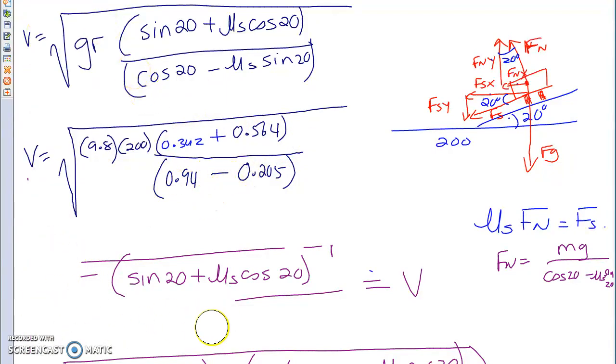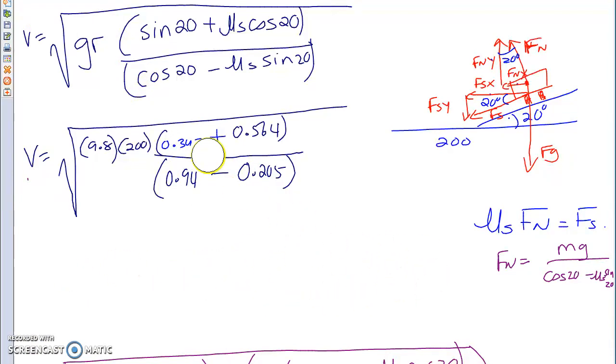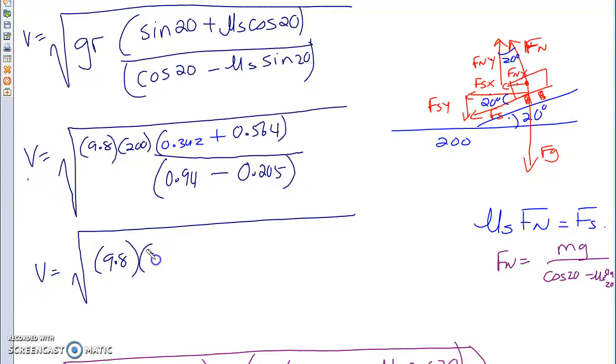Okay, we have less than 1 minute to finish this. So you get v equals 9.8 times 200. Okay, what do you get for the top part right here?